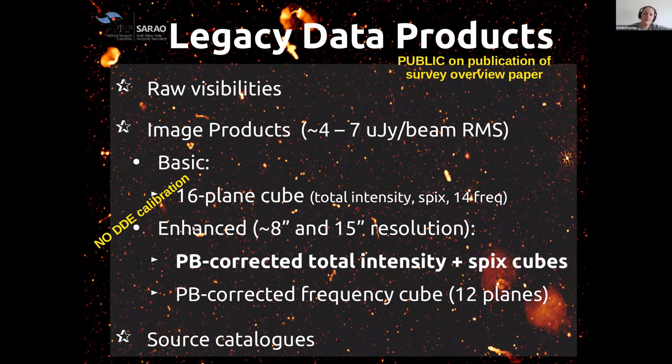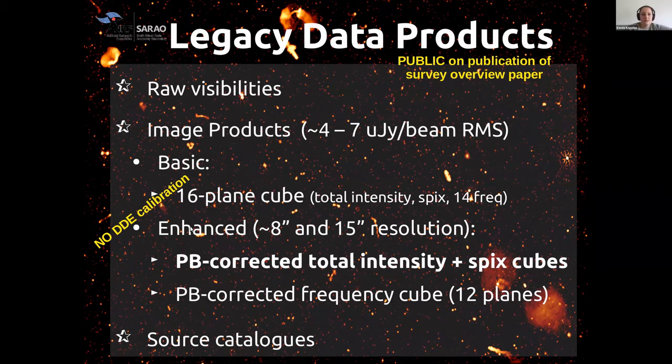Then we are also providing a set of enhanced products. So these are at both the full resolution, which is about anything between 7 and 8 arc seconds, and also convolved 15 arc second resolution for people who are interested in improving surface brightness.